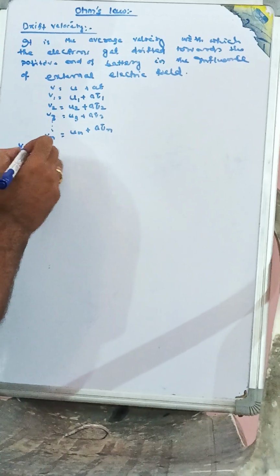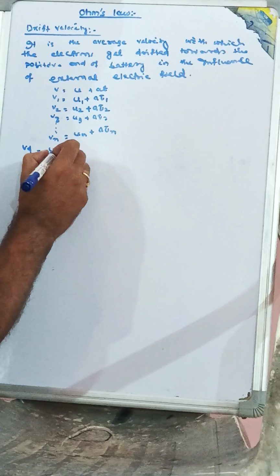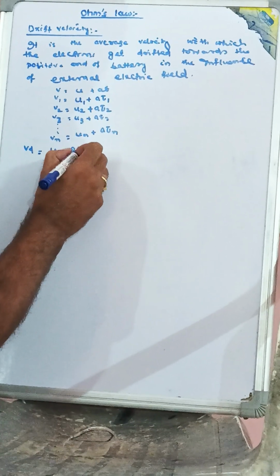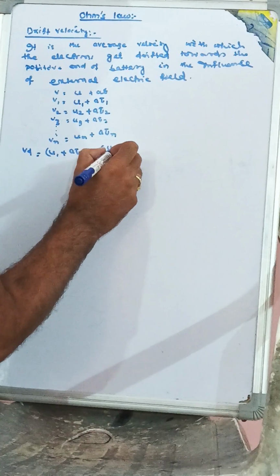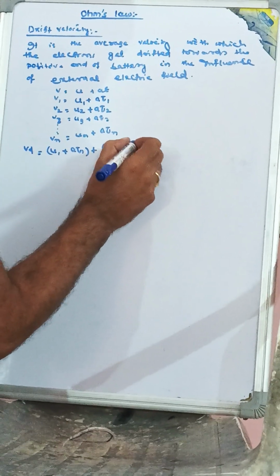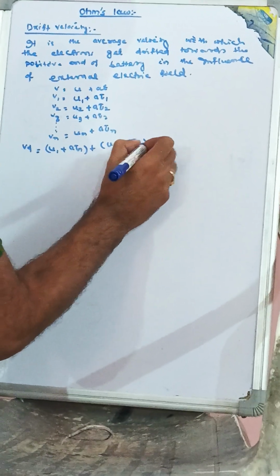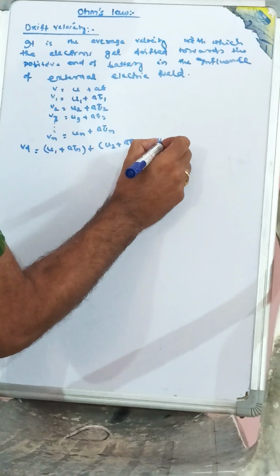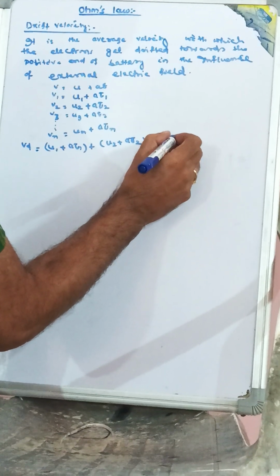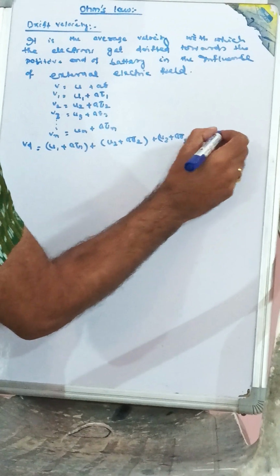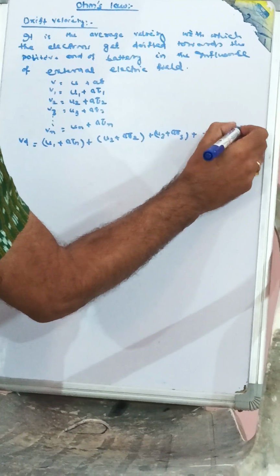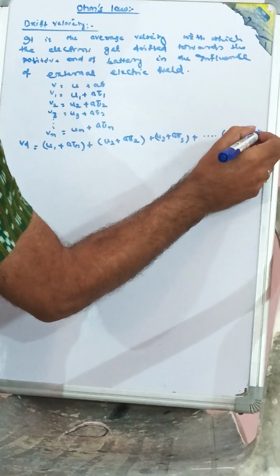Drift velocity is equal to U1 plus A tau 1, plus U2 plus A tau 2, plus U3 plus A tau 3, up to Un plus A tau n.